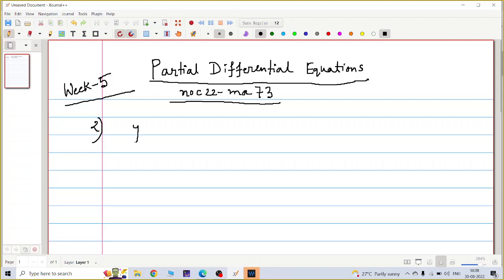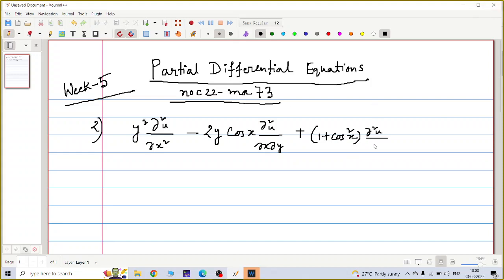The PDE is given by y square u_xx plus 2(y plus x) u_xy plus (1 plus x square) u_yy plus u equal to u.